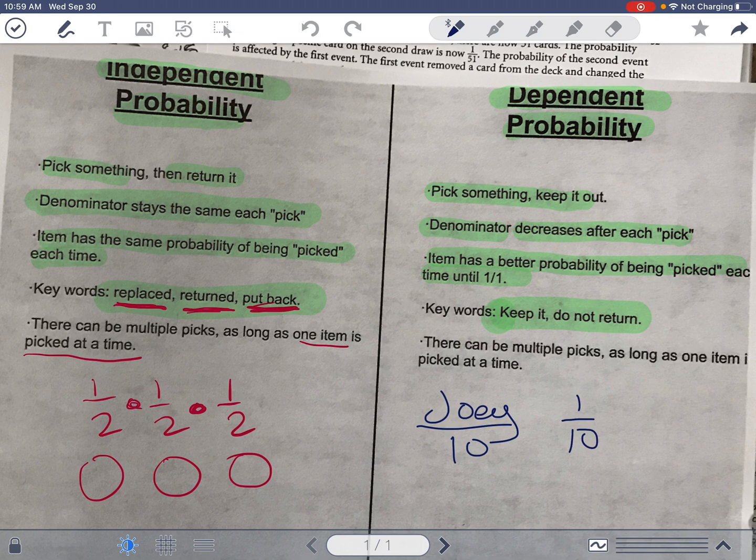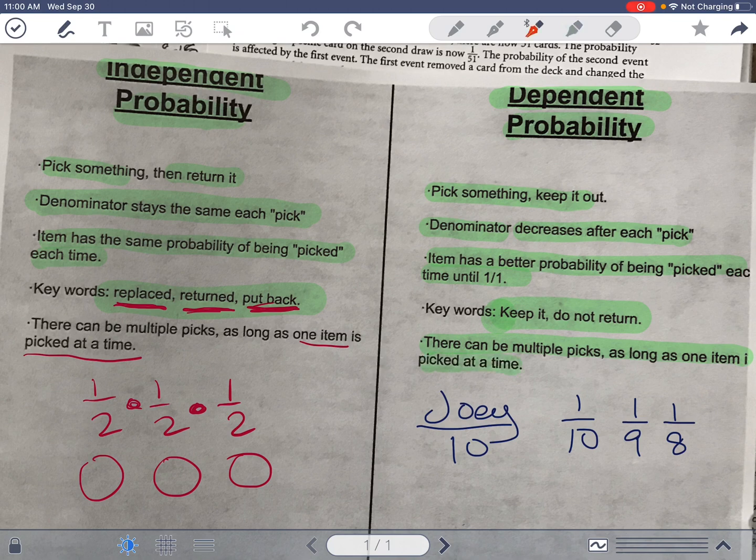But I don't put his name back in the spinner. Now the next time I pick a name out of the spinner, it's going to be 1 out of 9. And then the next time I use the spinner, it's going to be 1 out of 8. The denominator keeps decreasing in this situation because I've taken that person out of the mix. There can be multiple picks as long as one item is picked at a time.